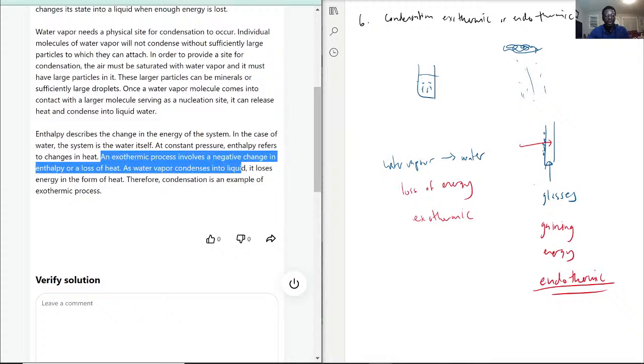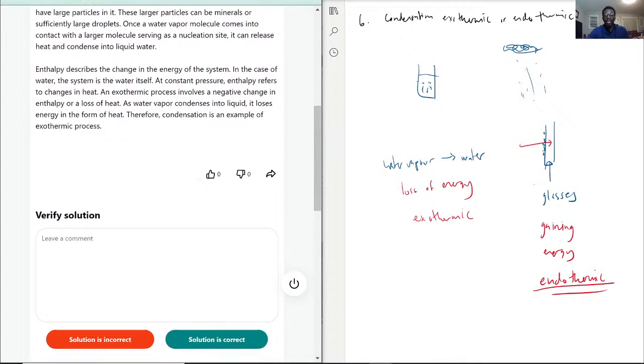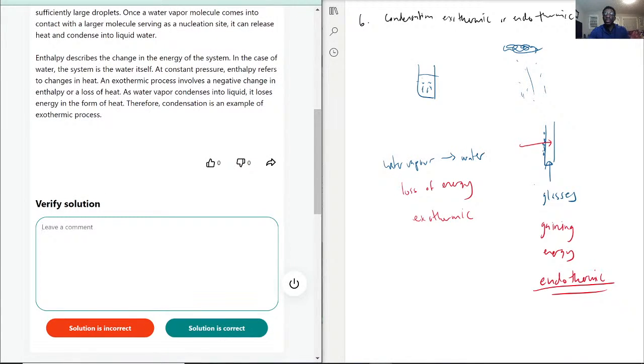An exothermic process involves a negative change in enthalpy, or a loss of heat or energy. When water vapor condenses into liquid, it loses that energy in the form of heat. Therefore, condensation is an example of an exothermic process, but I'll still emphasize it's because it's referring to the water in this case and not the cooler surface that it touched.